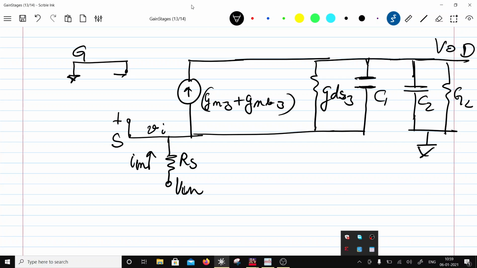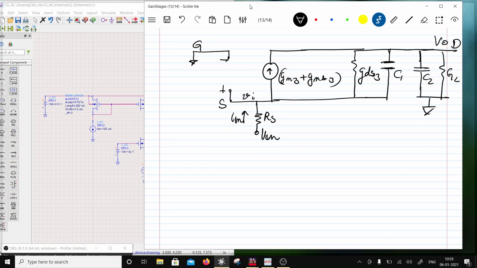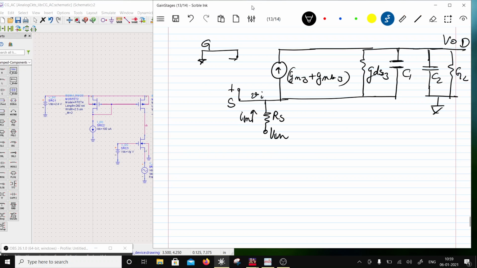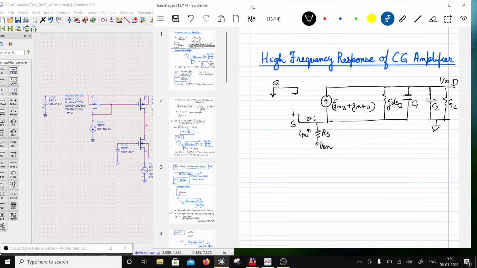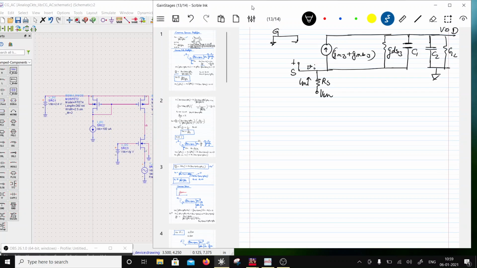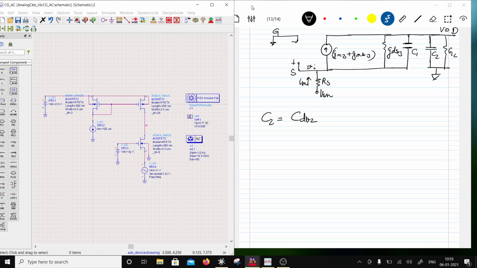Okay, so now let's see what I have over here. I have C2, which will be equal to CDB2 plus CDB3 plus CGD3 plus CL. Mind you, this is 1, this is 2, this is 3.